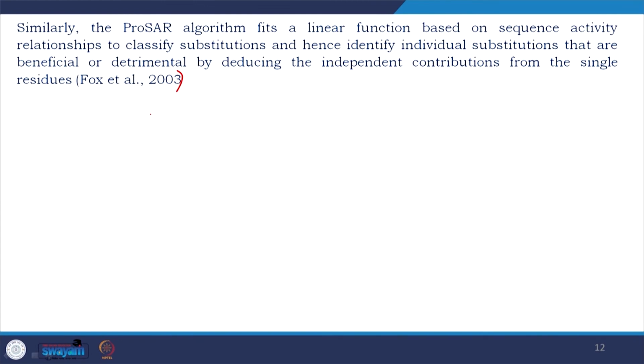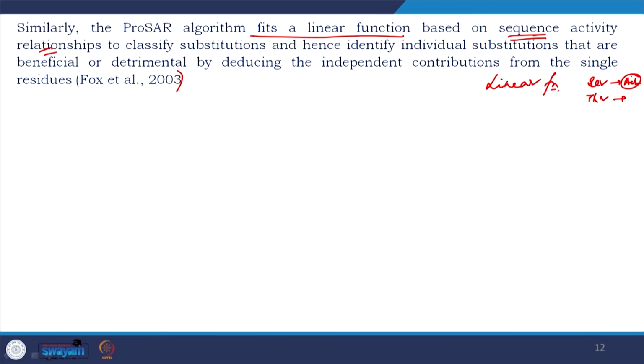Similarly, the ProSAR algorithm fits a linear function based on sequence activity relationship to classify substitutions, and hence identify individual substitutions that are beneficial or detrimental by deducing the independent contribution from the single residue. So, the ProSAR algorithm fits a linear function based on the sequence to activity, like if there is a serine, what is the activity, if it changed to threonine, what is the activity.